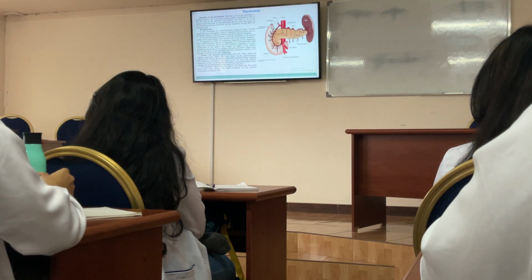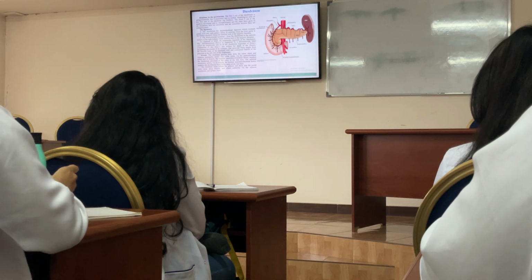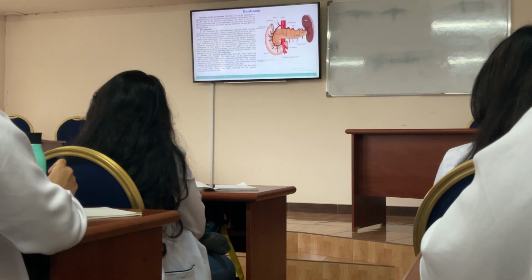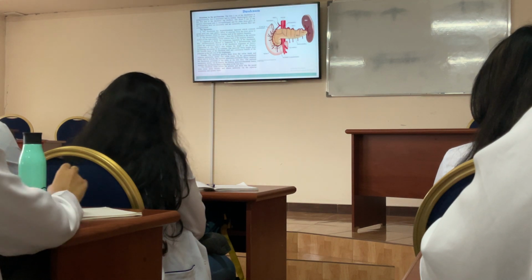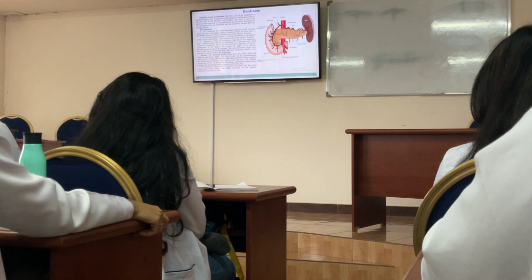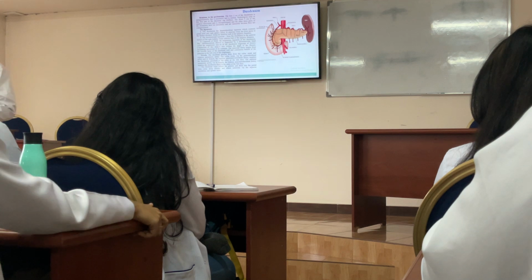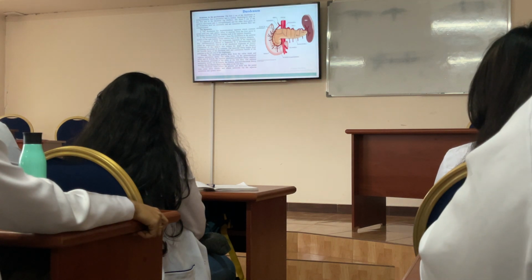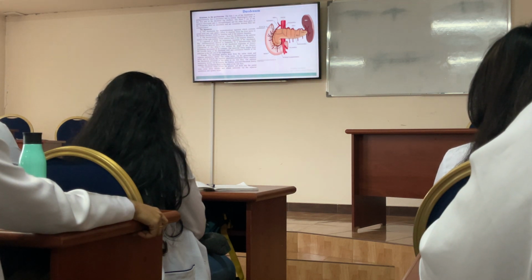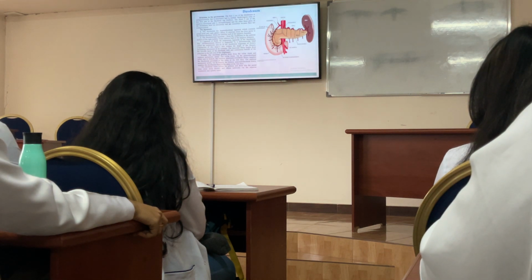In case of perforation, we have formation of a fistula with the cavity. In case of penetration, we have a fistula between two organs. For example, from the duodenum, the ulcer penetrates into the pancreas. This is penetration, meaning the growing of the ulcer from one organ to another organ.